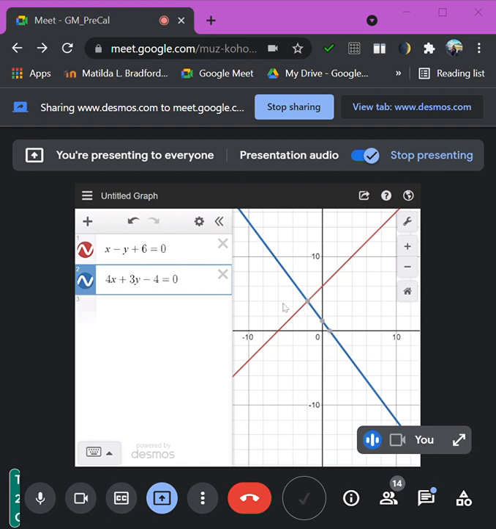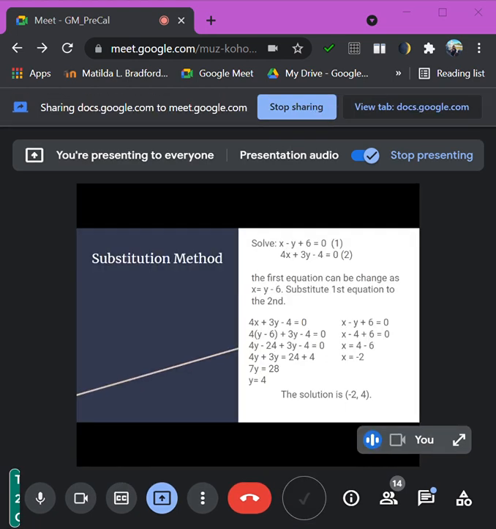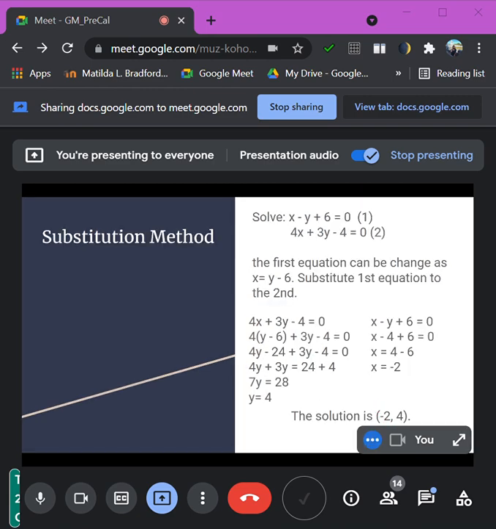Okay, so you can use Desmos as well to check if your answers are correct. Okay, but in another way of checking, since mao naman ni atong solution, we have negative 2 and 4. So, you can check that by substituting your values. For example, atong i-check kung ma-equal to 0 ba gyud siya. So, we have x minus y plus 6 is equals to 0.